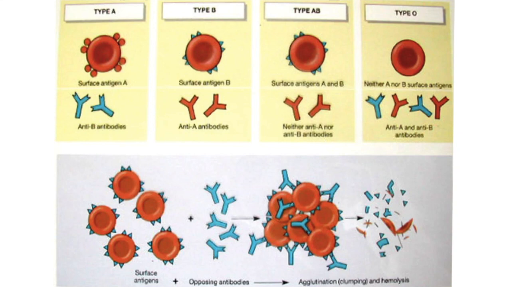So if I am blood type A and blood type B gets in my body, I have antibodies to say, no, you don't belong here, we're going to destroy you. So I can only accept blood type A. But I can also accept blood type O, because blood type O doesn't have those antigens that will match up with the anti-B antibodies. So I can take in blood type O or blood type A.